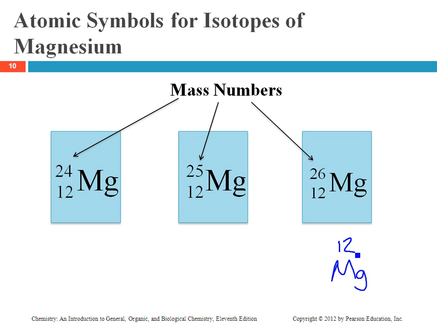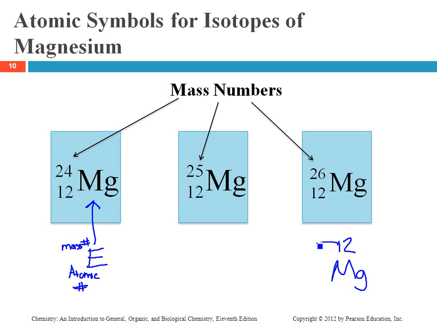But how we actually write the chemical formulas for isotopes is we have the element, E for element, here it's magnesium, and we put the atomic number as a subscript, and then the mass number as the superscript.